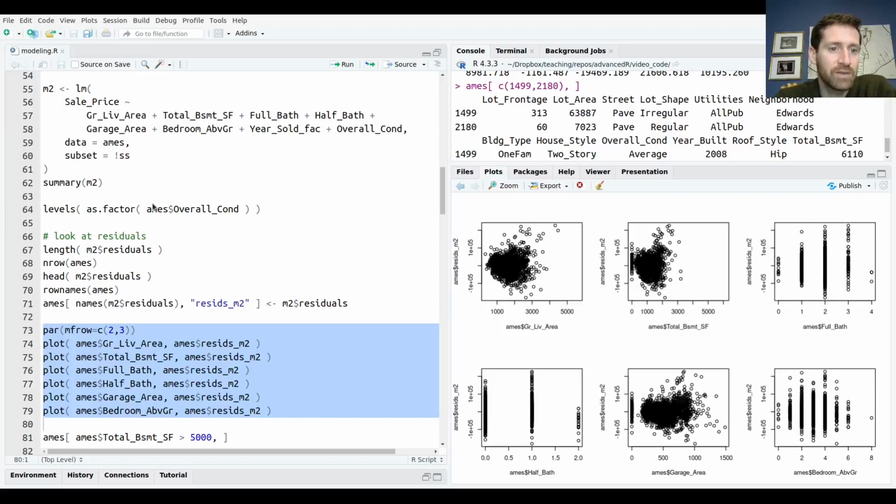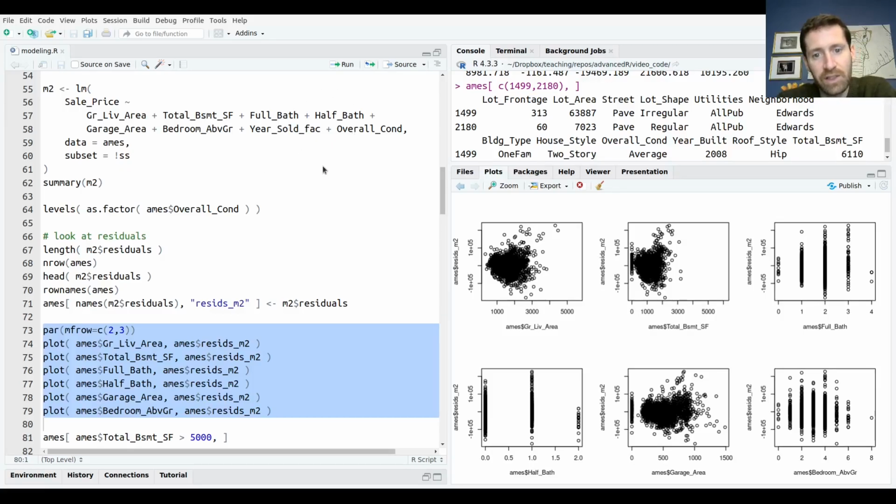There's various ways of dealing with that. You could fit a model where the variance changes with one of the variables. You could also take a transformation, like a square root or a log transformation of the price, a very common thing to do to deal with that. Then you just have to look at it and see if the fit is better. The other ones kind of look okay.